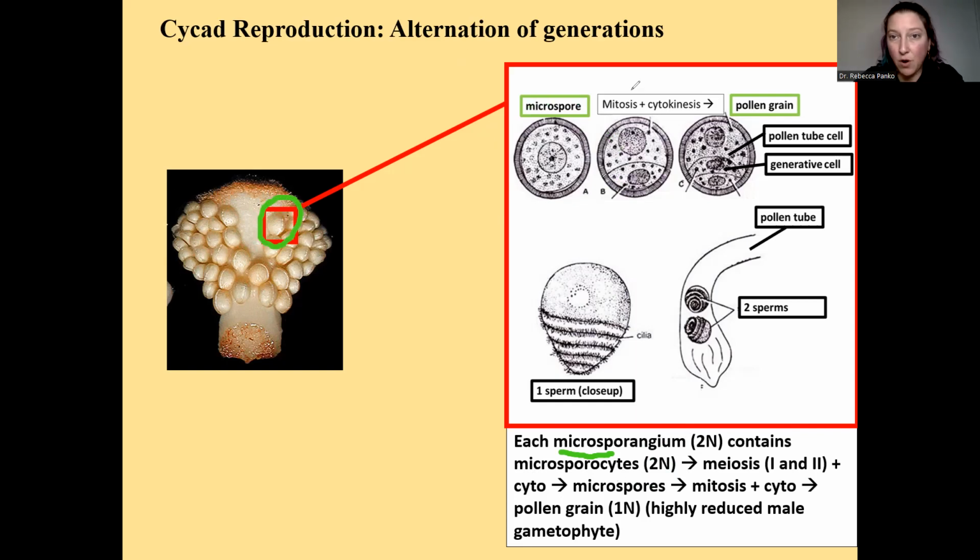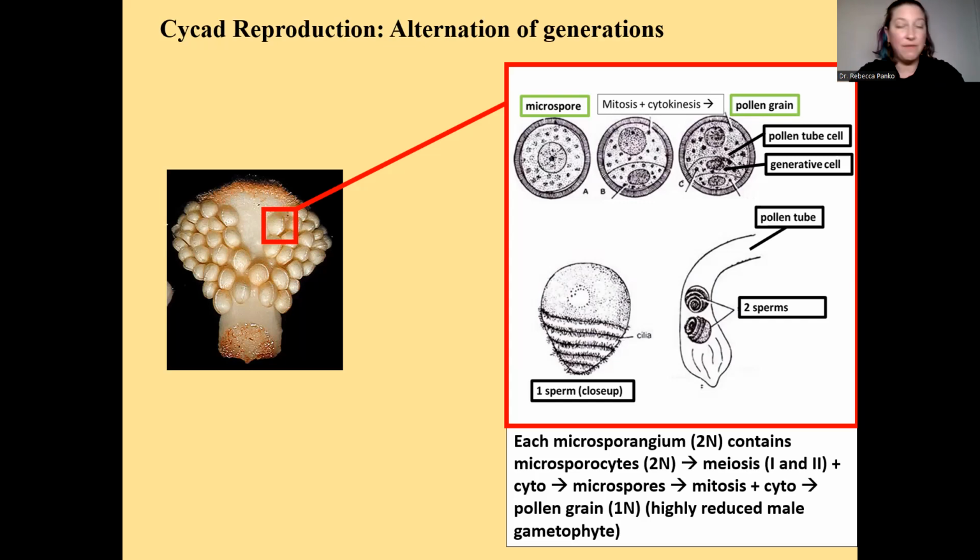That microspore is going to grow through mitosis and cytokinesis into the pollen grain, which is now the highly reduced male gametophyte plant. And you might think to yourself, what do I mean by highly reduced? Well, in Selaginella, as I said at the top of the class as a reminder, the male gametophyte plant was reduced to a single antheridium, which is very small.